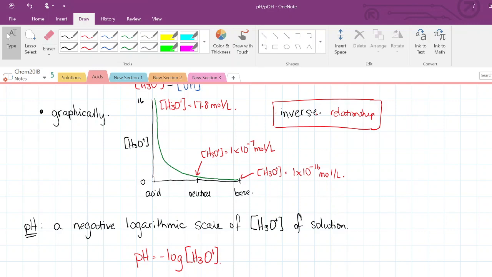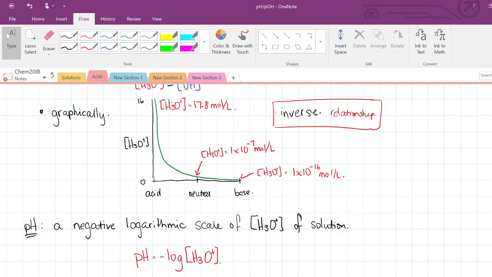And so as we move closer to 0, meaning that our pH gets closer to 0, you'll notice that our line of best fit spikes, right? So that means the hydronium concentration just skyrockets as you get closer to a pH of 0.